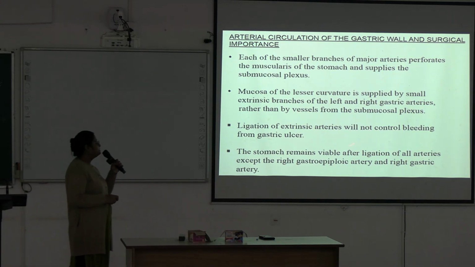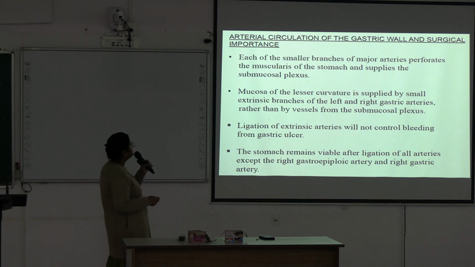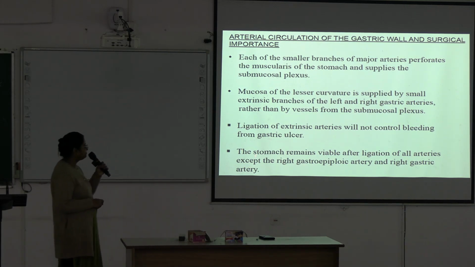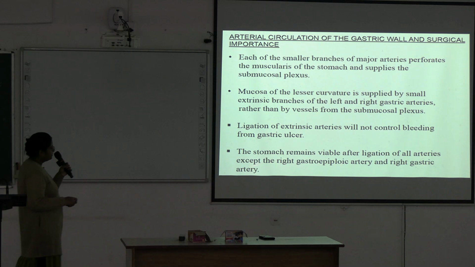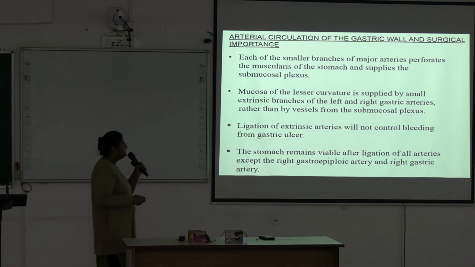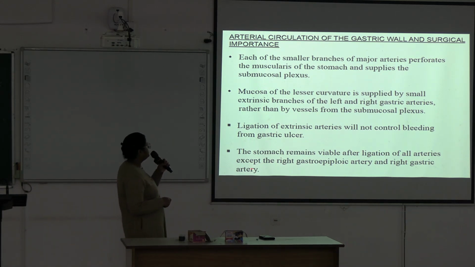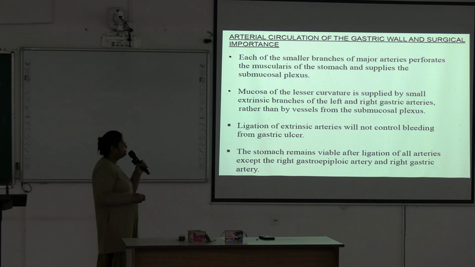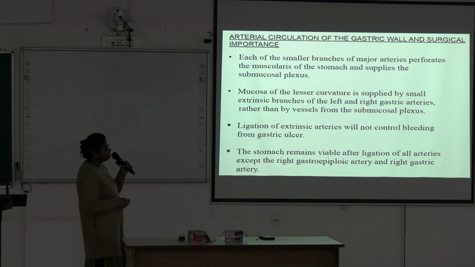And ligation of extrinsic arteries will not control bleeding from a gastric ulcer. The stomach remains viable after ligation of all arteries except the right gastroepiploic artery and the right gastric artery.